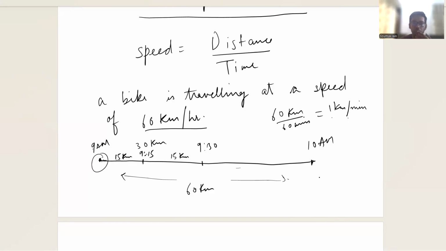So essentially, what I'm trying to emphasize here is what speed essentially is. It's a kind of rate of doing some work. Here, the work is the distance to be traveled, and you have some time given. So the work, that is the distance traveled per unit time, is the speed. As simple as that.